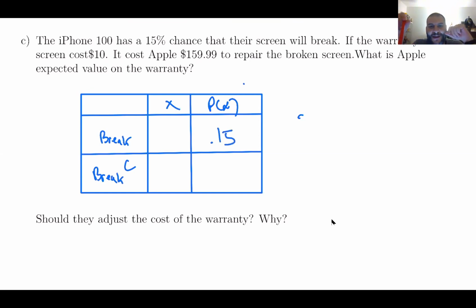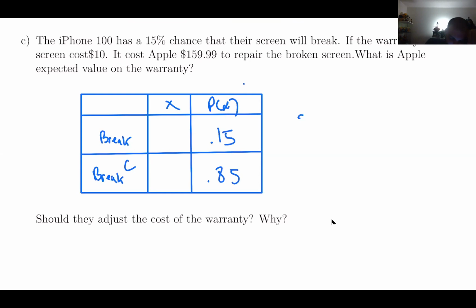Also, just a point of advice for the P of X, it should always be in decimal, because if you do X times the percentage, this formula is not going to work. It has to be in decimal form. So heads up. All right, what's the probability that the phone would not break? 0.85.